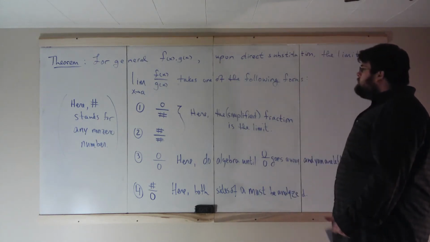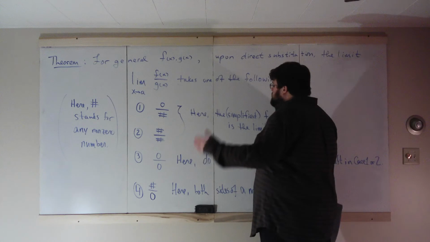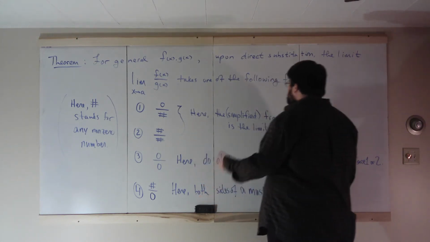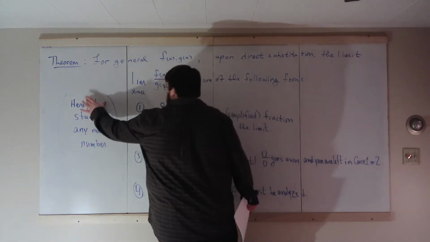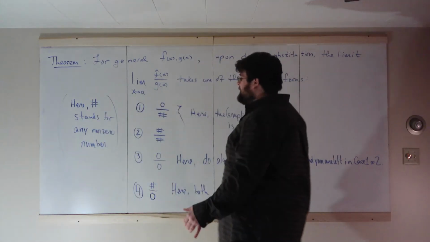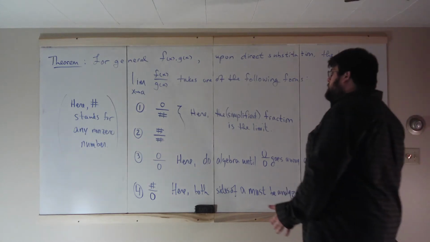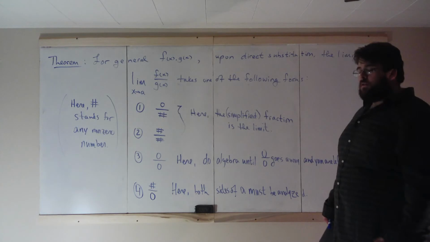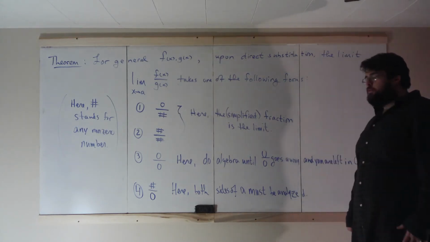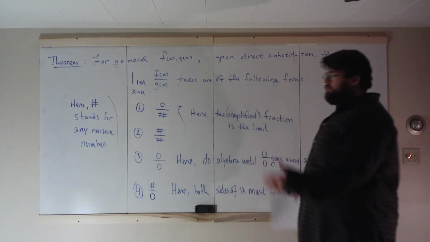If you substitute, you will arrive at a number or an expression which takes one of the following forms. Now here, this pound sign stands for any non-zero number, and 0 stands for 0. So you have a fraction, you direct substitute this a, and you will arrive at one of the following forms.